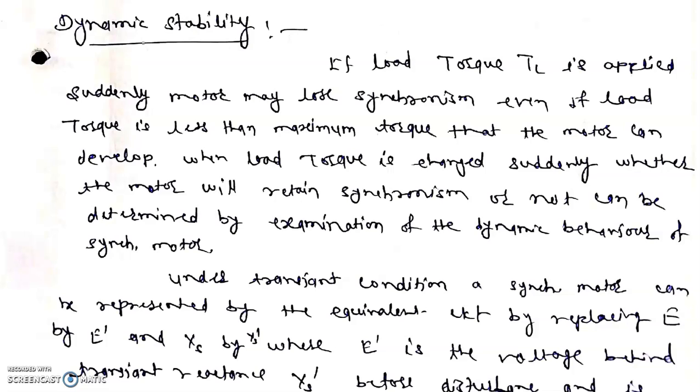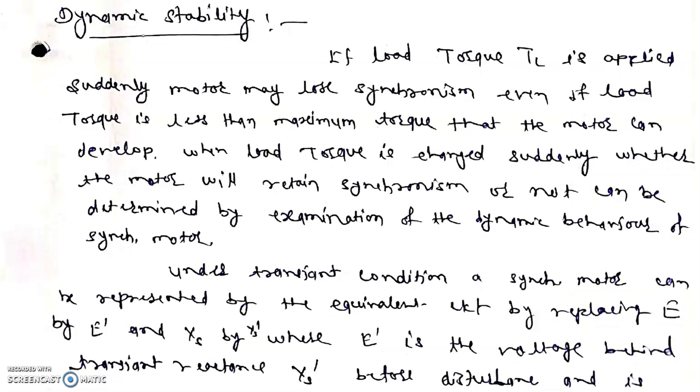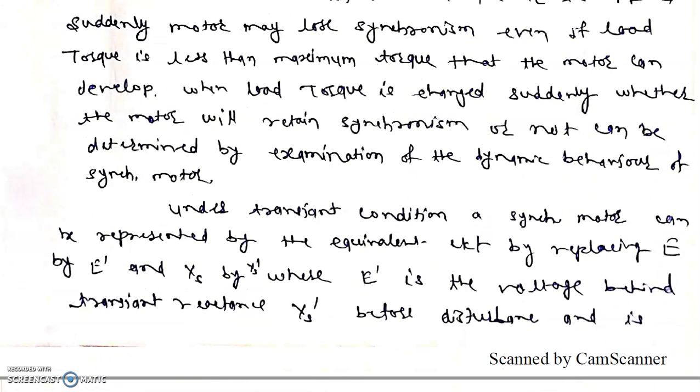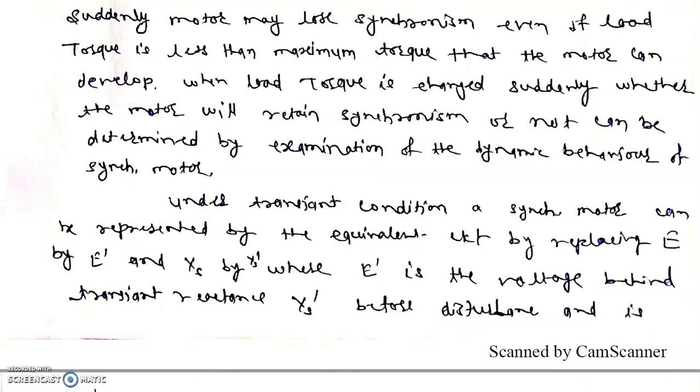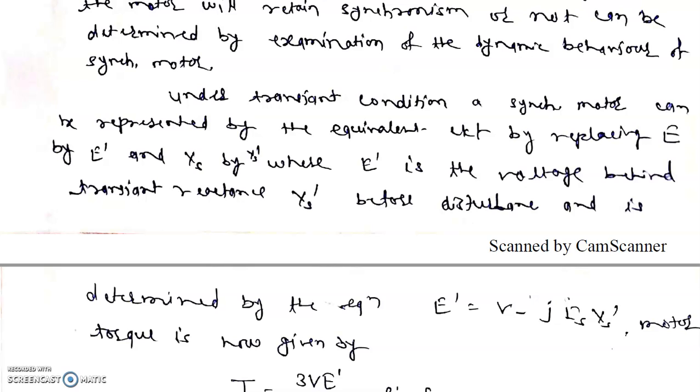Under transient condition, a synchronous motor can be represented by an equivalent circuit by replacing E by E dash and Xs by Xs dash, where E dash is the voltage behind transient reactance and Xs dash is the transient reactance.